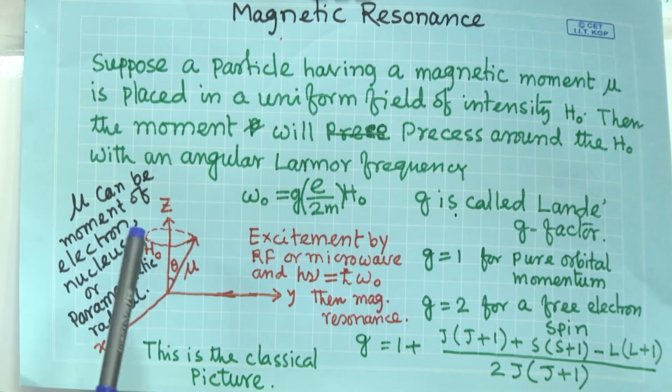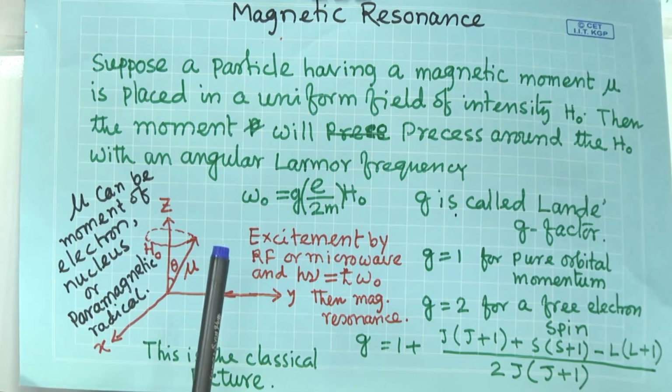So, to understand this further, we will consider the quantum picture. It will be more convenient and easier to understand. So, let me describe the quantum picture of this magnetic resonance. Basically, we can find this in the atom.